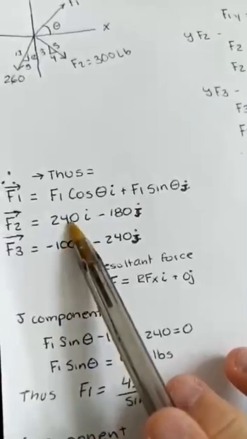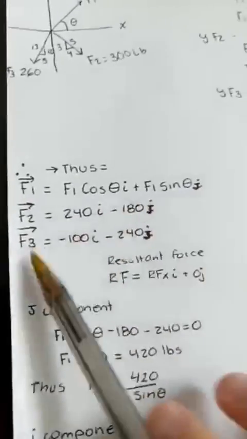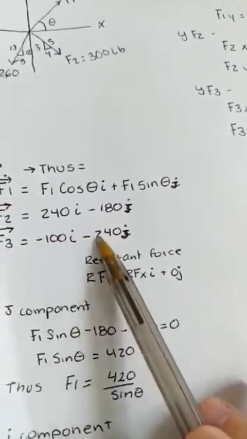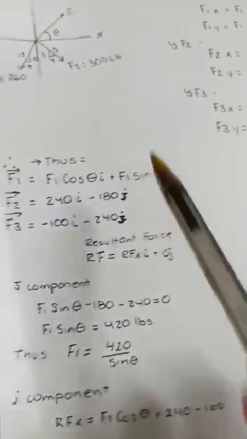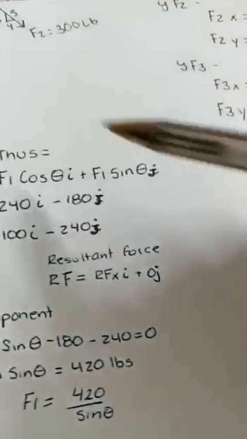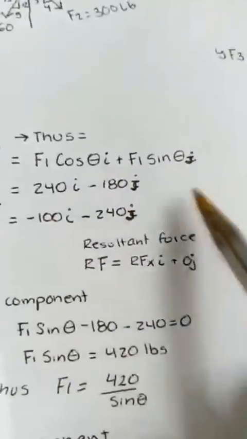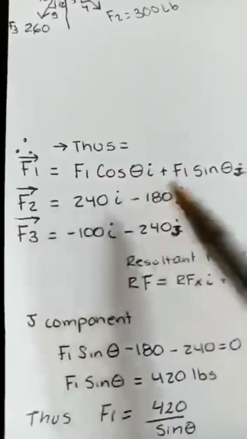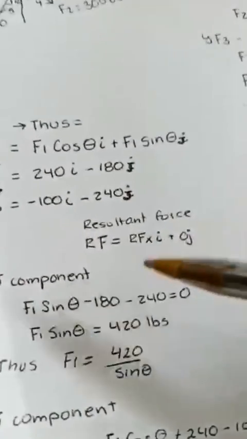F2 is 240 i minus 180 j, and F3 is minus 100 i minus 240 j. So this is easy. You're going to grab the values that have j or i, and you're going to operate the values. You're going to have your evaluation at the end.